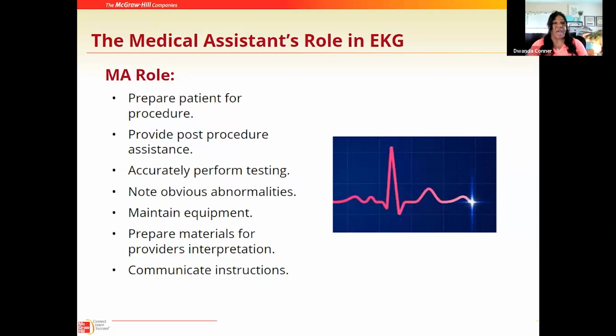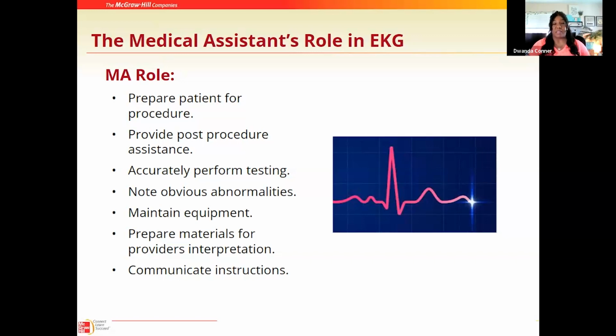We would also provide post-procedure assistance, which might entail helping the patient remove what's called electrodes from the patient's chest, helping them clean the area, maybe helping them off the examination table. We would accurately perform the testing, note obvious abnormalities. That is something that we will be covering in this lesson, and in the next lesson, we'll be looking at abnormalities on EKGs.